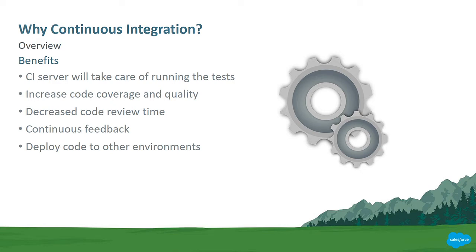That's great too. And we can merge our code. If everything is fine, automatically we can merge that code in the VCS. No need to do it manually. And continuous feedback, okay? If everything is fine, we will receive a report for that. And of course, if everything is fine, we can deploy this to the rest of the environments.